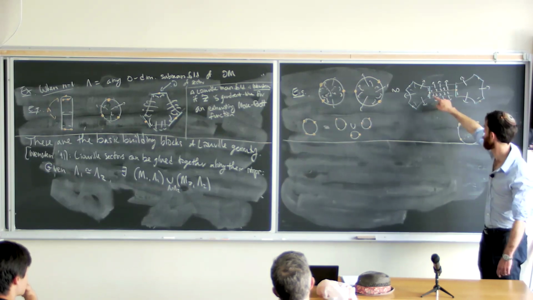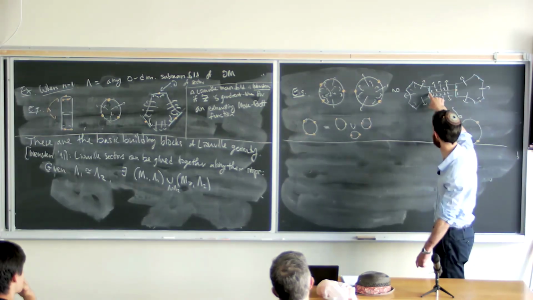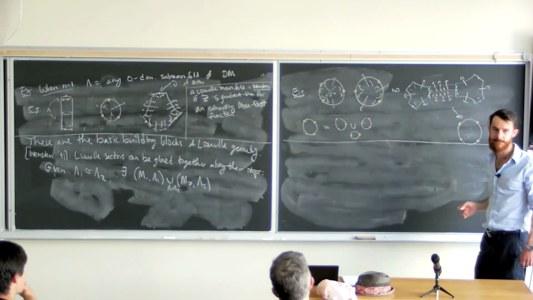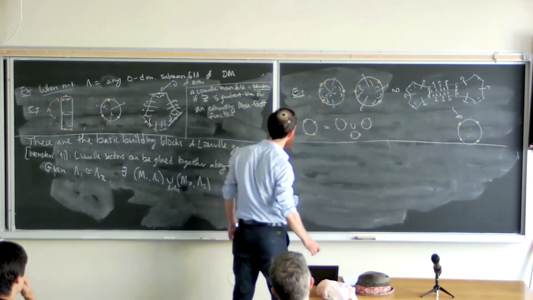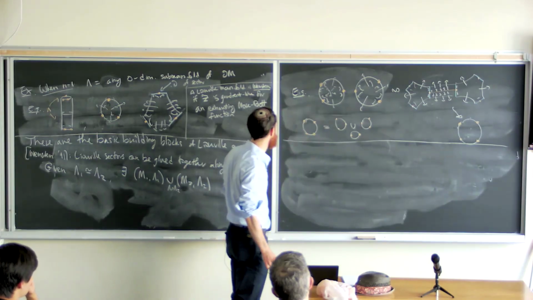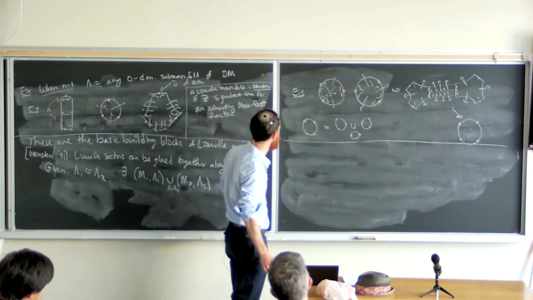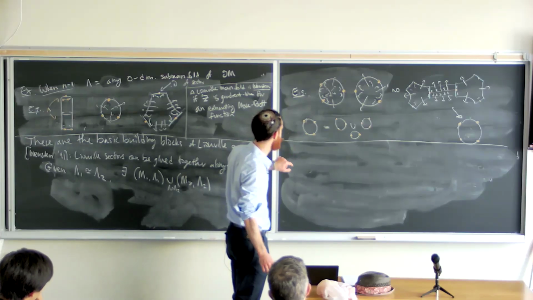This picture is telling you that a neighborhood of this thing looks like that Liouville sector. What I'm doing here is slicing up this disk into 2 pieces, and I'm thinking about what the Liouville vector field is doing on each of those 2 pieces.